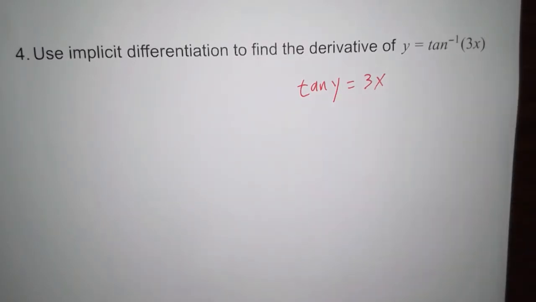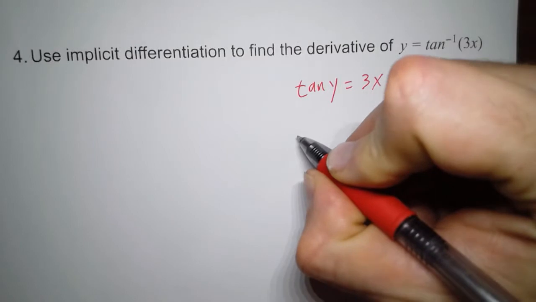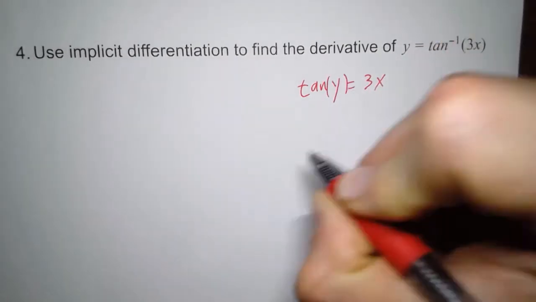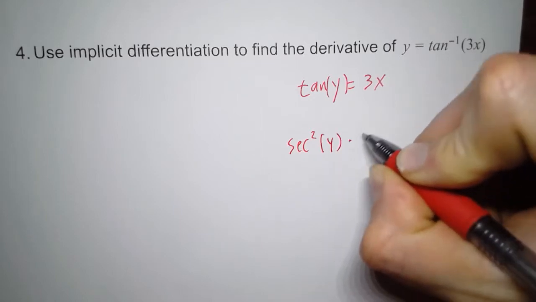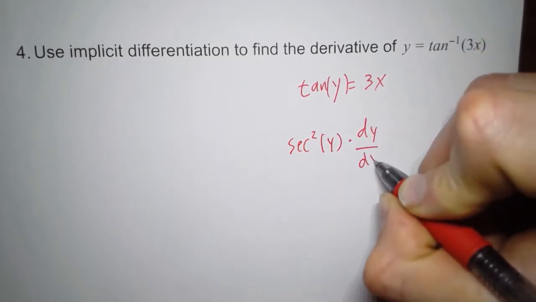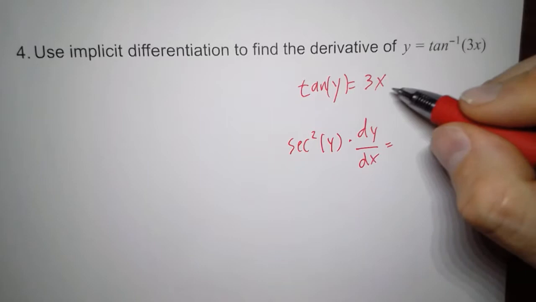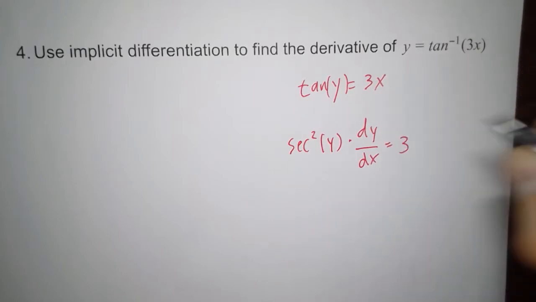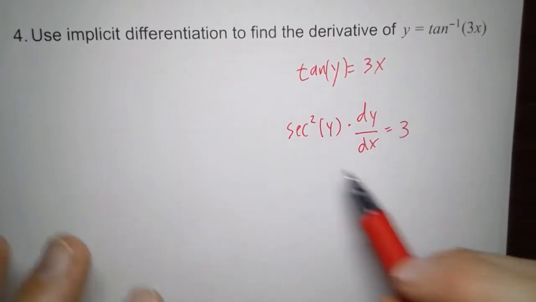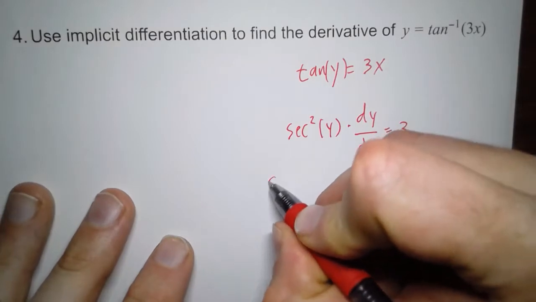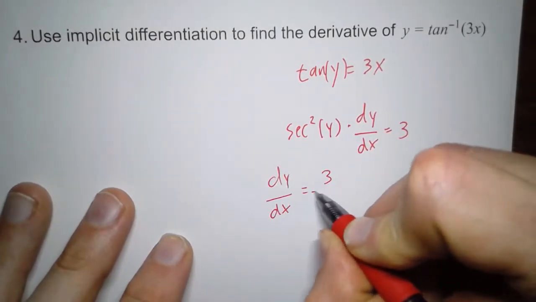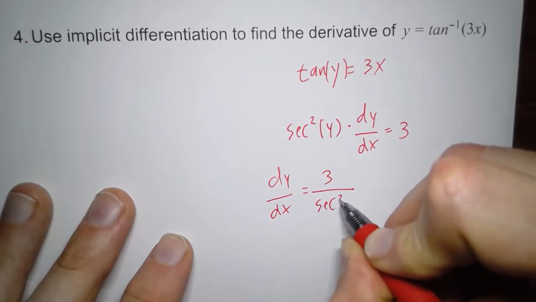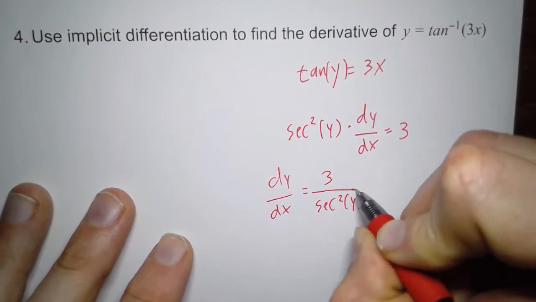The derivative of tangent of y is secant squared of y times dy dx. The derivative of 3x is 3. So we'll divide by secant squared, so dy dx is going to equal 3 over secant squared of y.